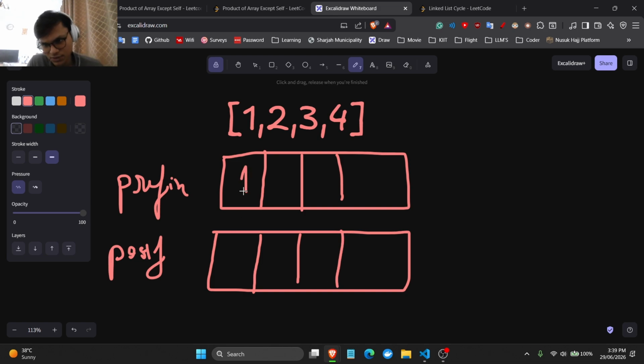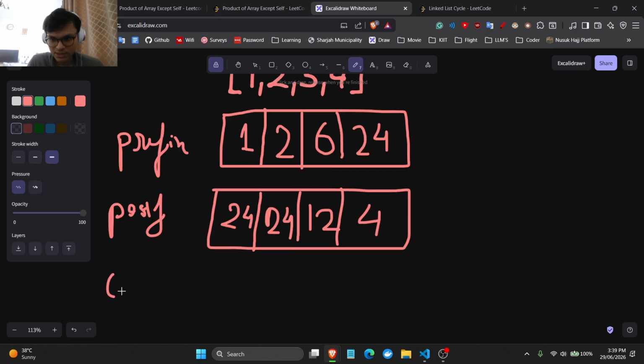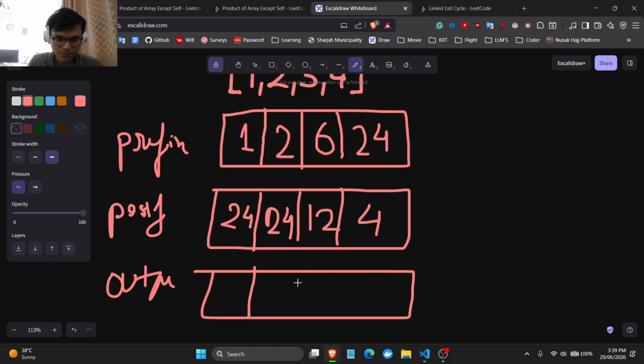Prefix of this is one, two, six, four, right, and four, six. Then four का postfix तो four ही है. Four three से 12 है. 24 and 24. And our output array भी आपका नीचे आ रहा है. Okay.